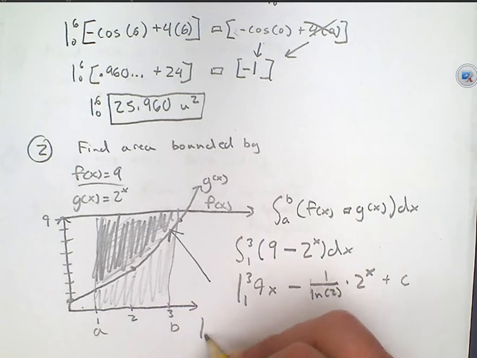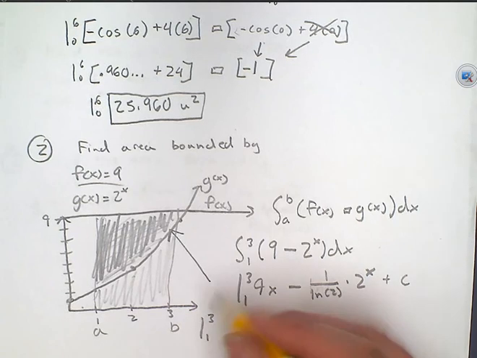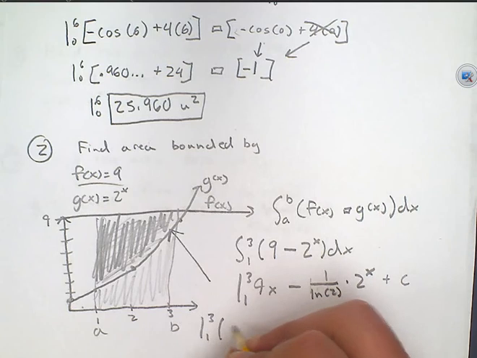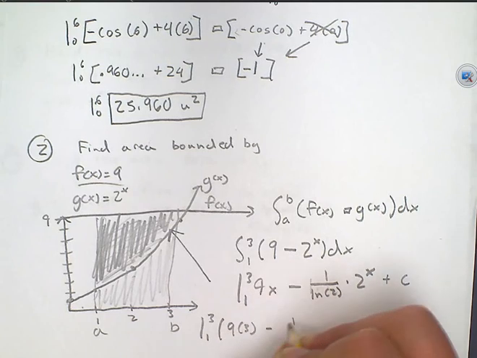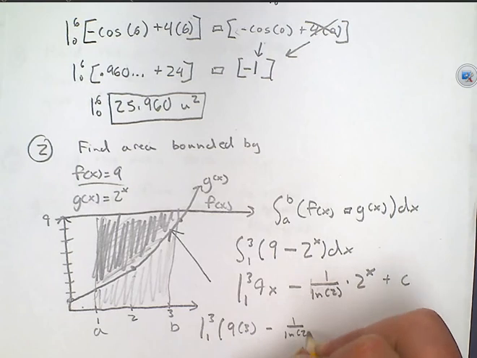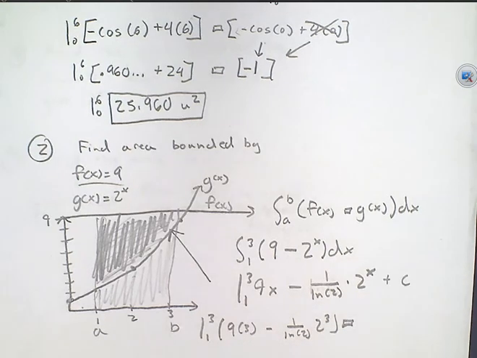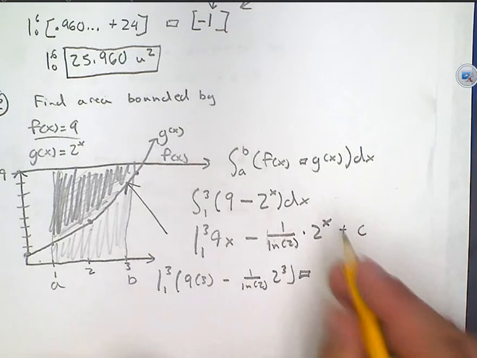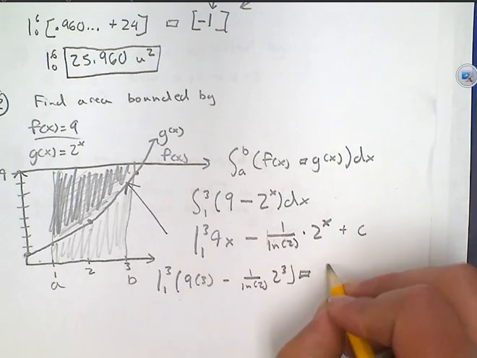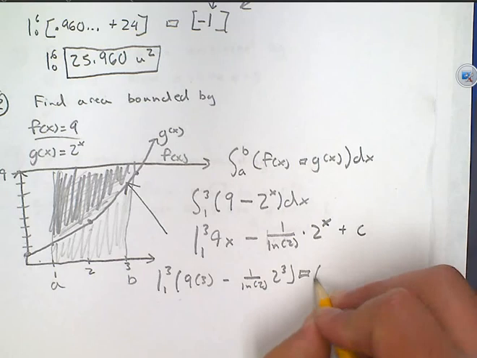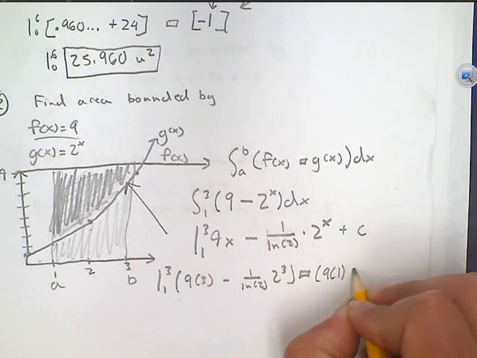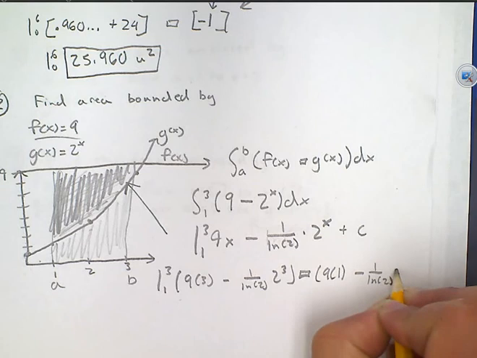From 1 to 3. Alright, so 9 times 3 minus 1 over natural log 2 times 2 to the third power, minus 9 times 1 minus 1 over natural log 2 times 2 to the first power.